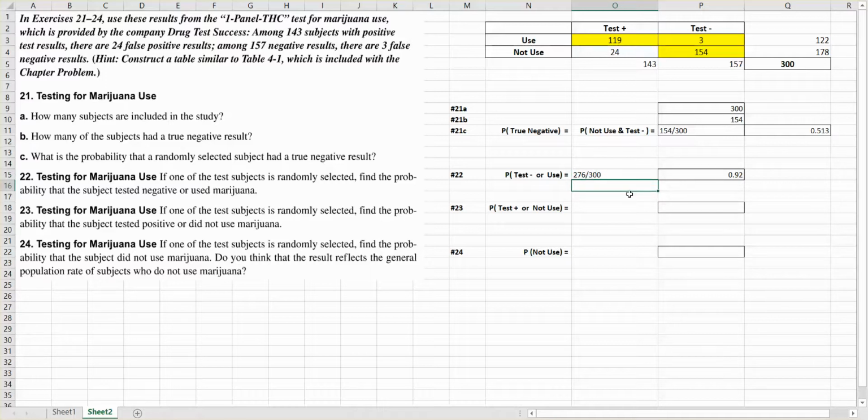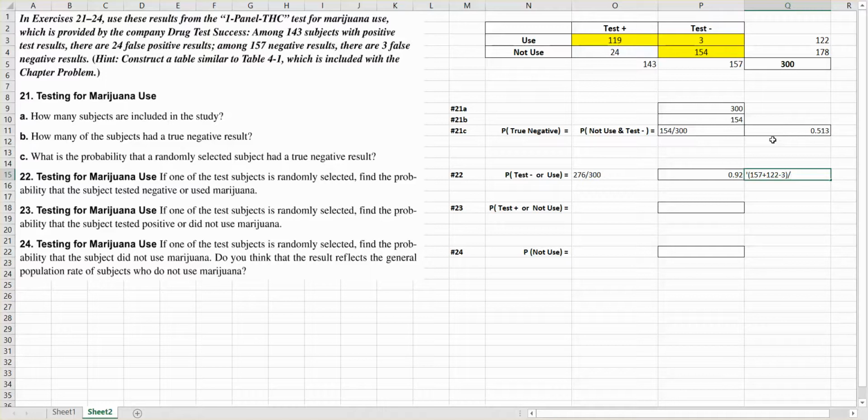And if we wanted to do this using the formal addition rule, what we would do is say, okay, we want all those that tested negative, that's 157. To that, we're going to add everybody who uses, that's 122. And then we're going to have to subtract what's in the overlap. And what's in the overlap is just those 3 people there.